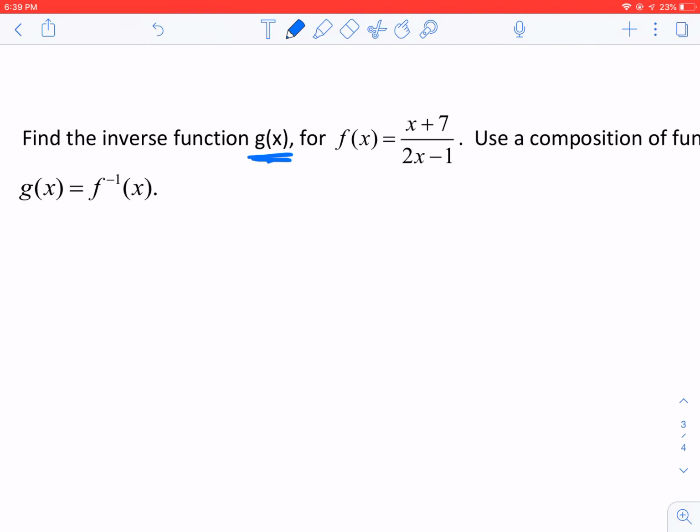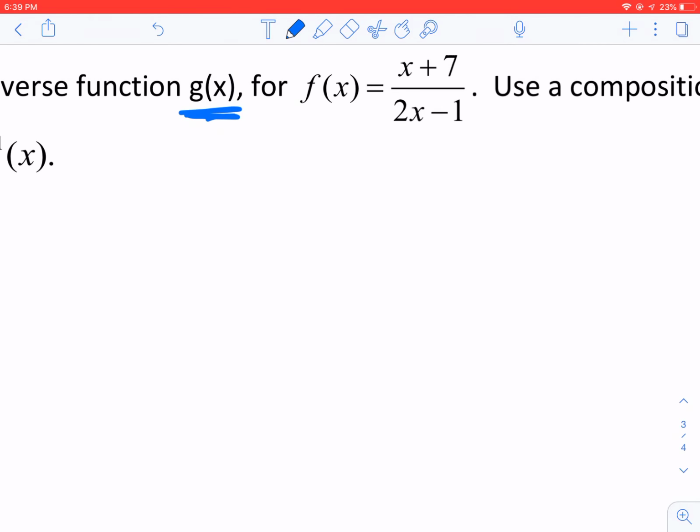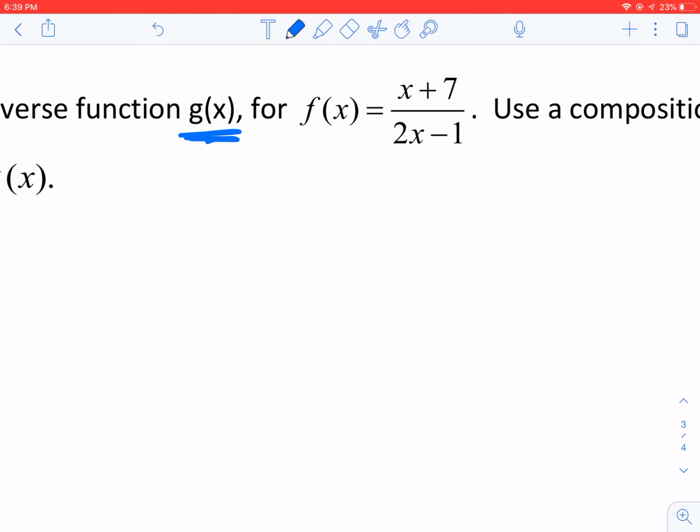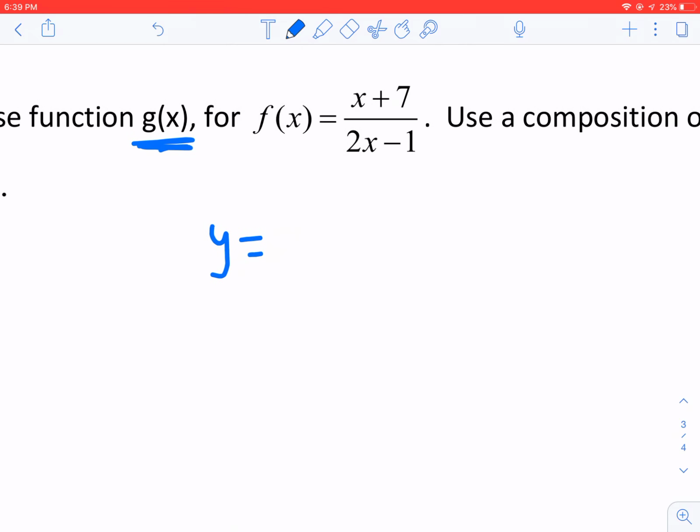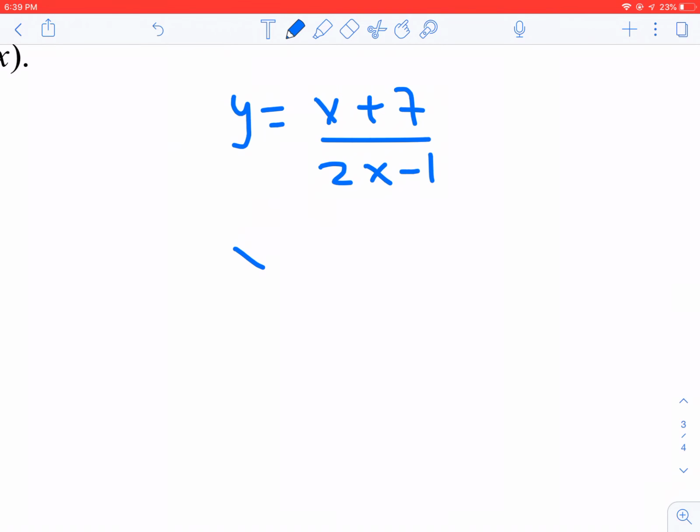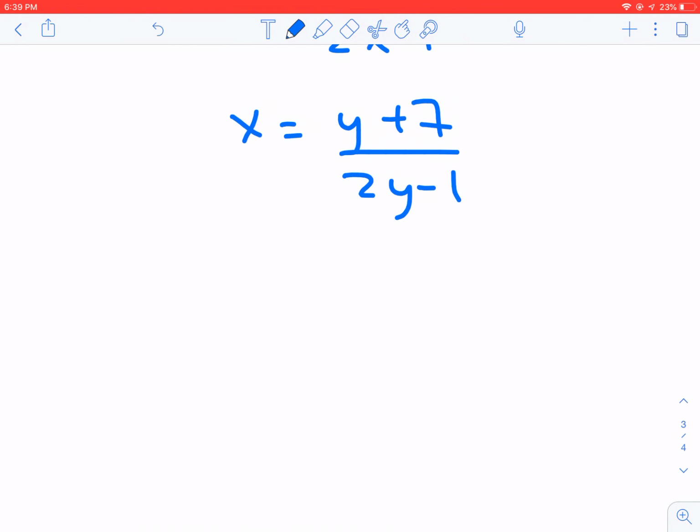So first step, y equals x plus 7 over 2x minus 1. Swap x and y. X equals y plus 7 over 2y minus 1. Going to cross multiply. 2xy minus x equals y plus 7.